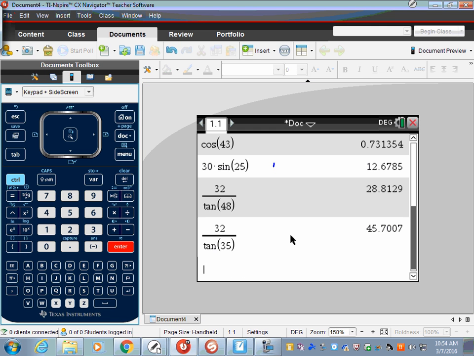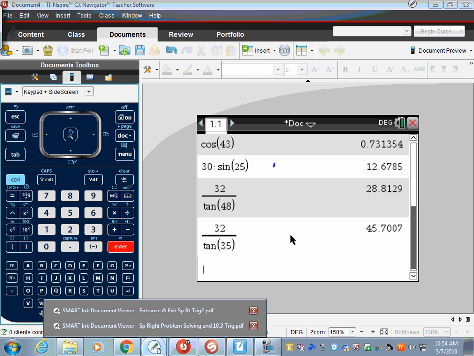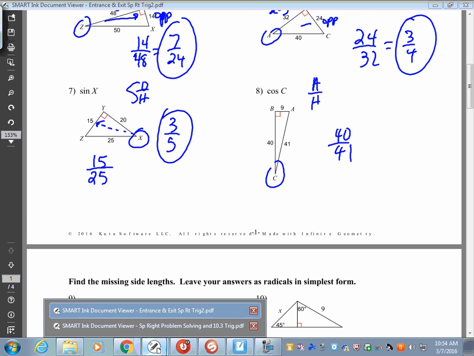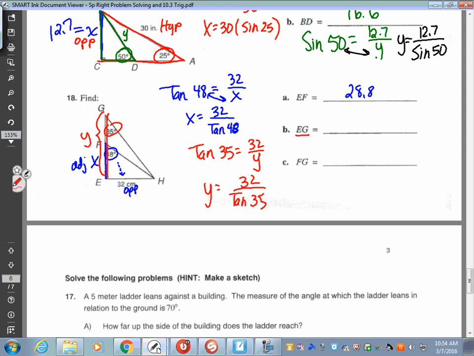So we got 45.7? All right, so EG, the whole segment, is 45.7, and EF is 28.8. FG is 6.9? Yep. You subtract them.